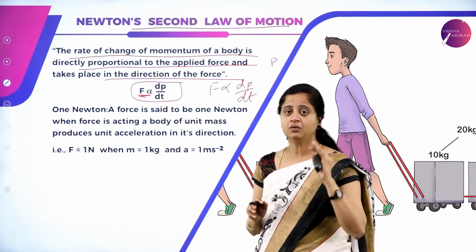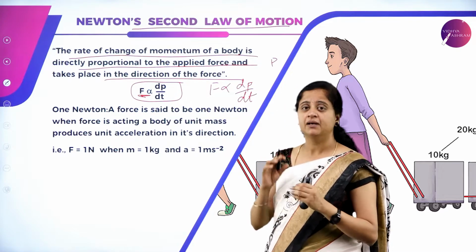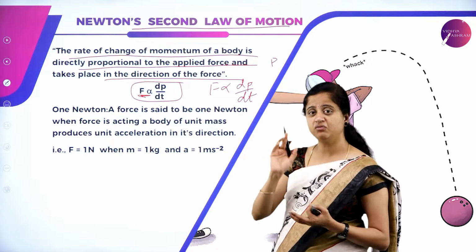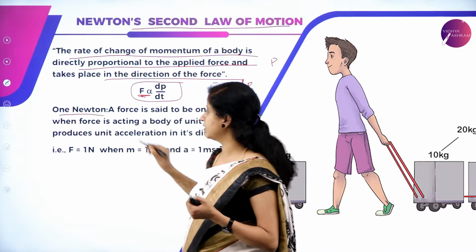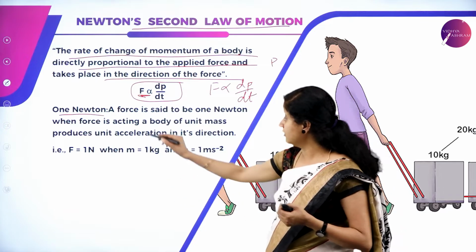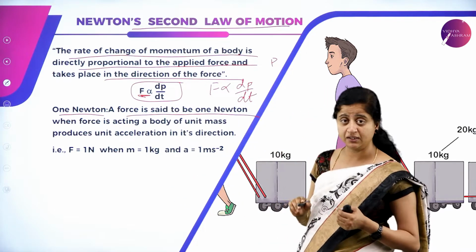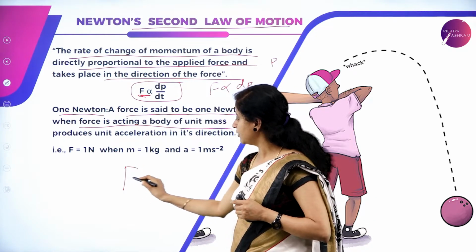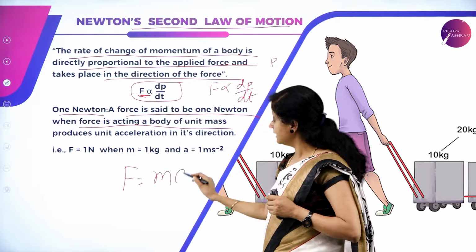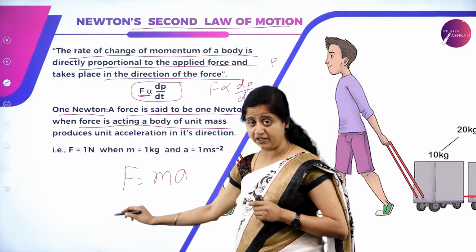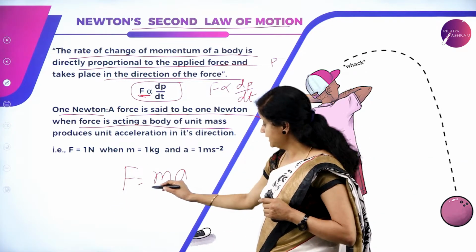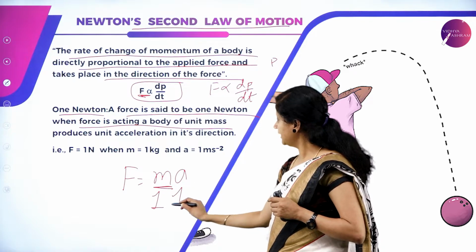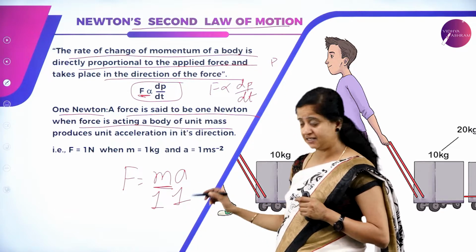Now we came to know what Newton's second law is. But how do we define 1 Newton? A force is said to be 1 Newton when it is acting on a body of unit mass. We know F is equal to ma. So this value will become 1 when it is acting on a body of unit mass and unit acceleration in its direction.